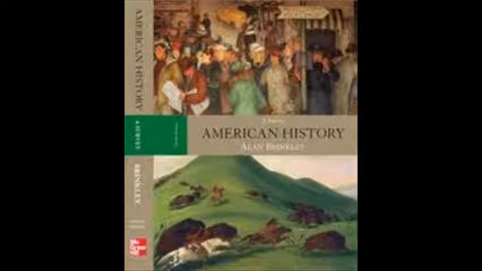Now, let's take a community in New England, a planned community, a Puritan community like Salem. Take a look at what's happening here in Salem, and let me give you some perspective.